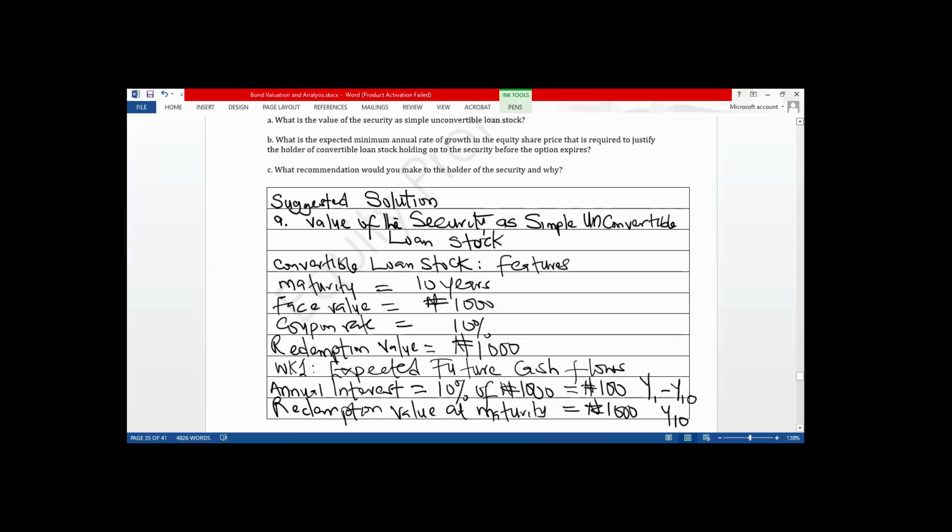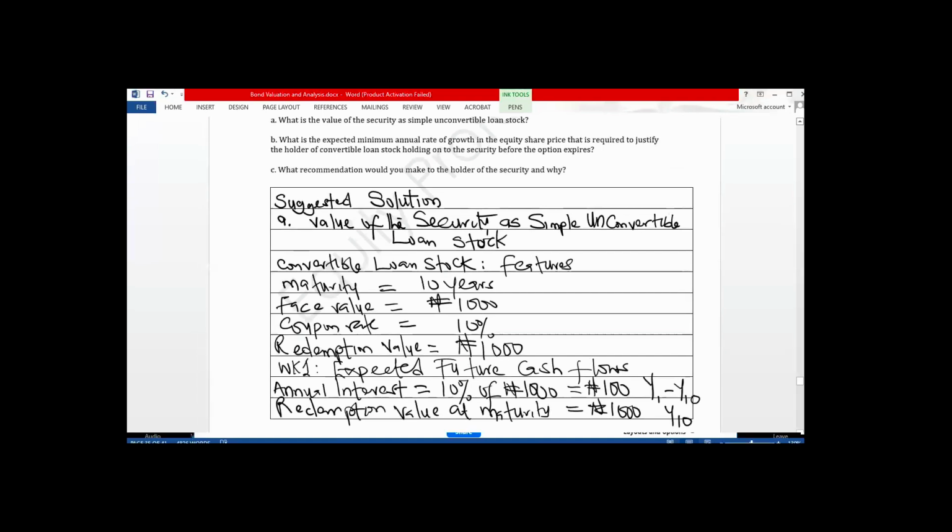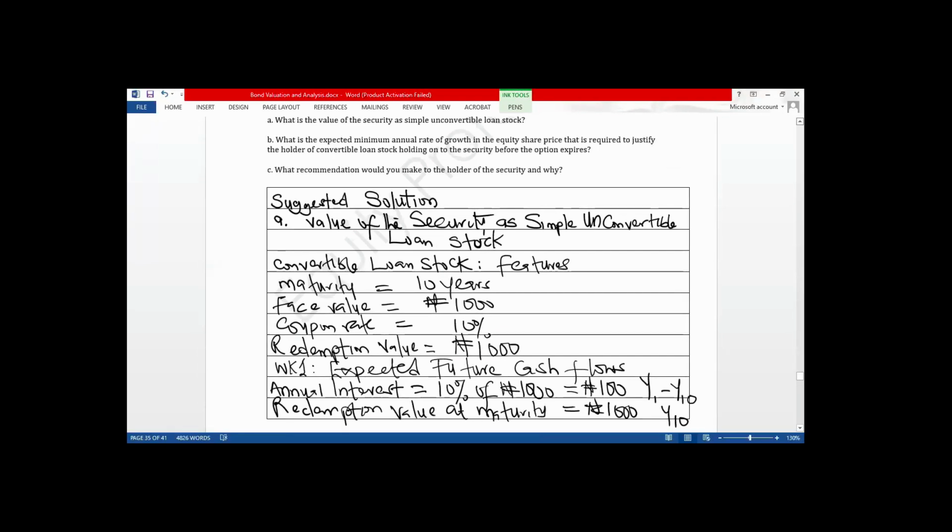Requirement C. What recommendation would you make to the holder of the securities, and why? What would be your advice to the holder of the security? Should the holder dispose of the security today?